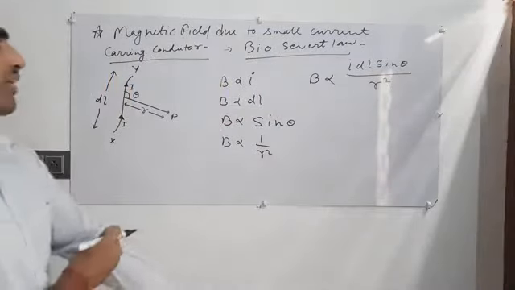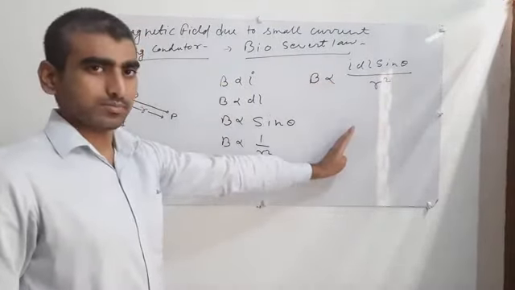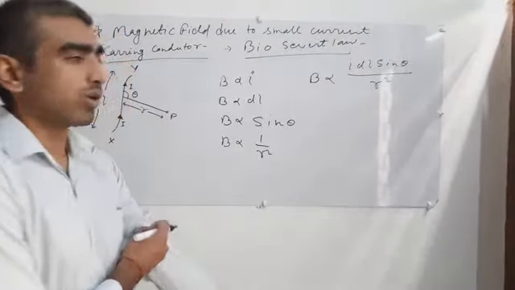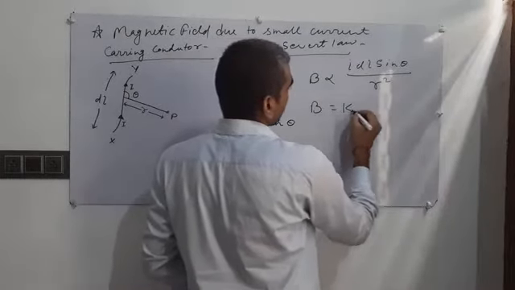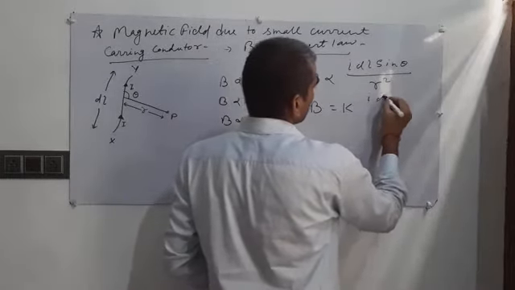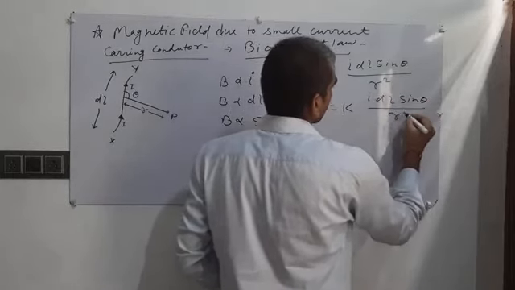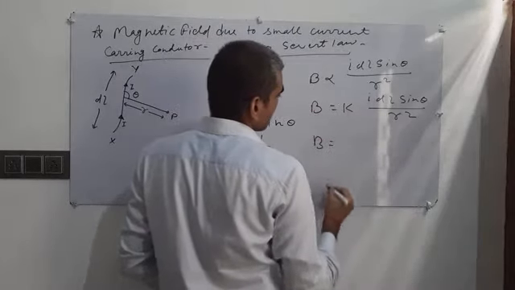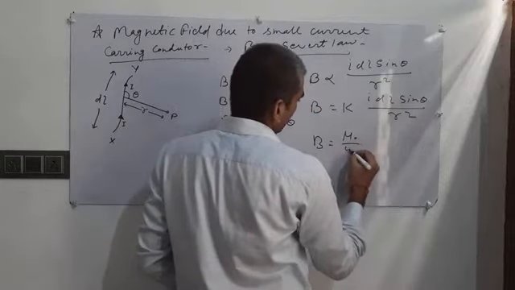Now you know that when we remove a proportionality, we have a constant. That means B equals K I dl sine theta upon r square. And what is K? K is mu naught upon 4 pi.